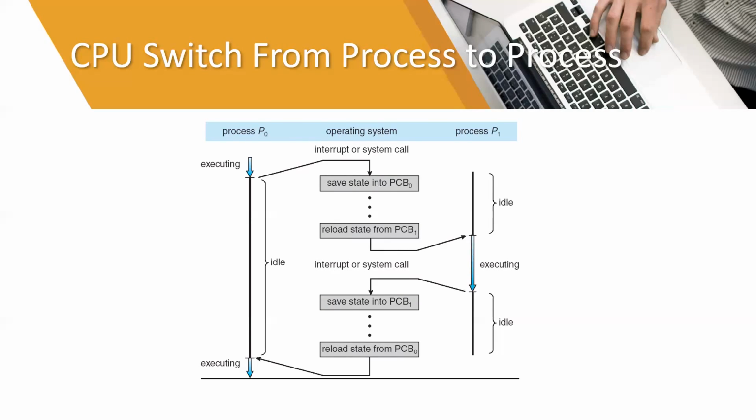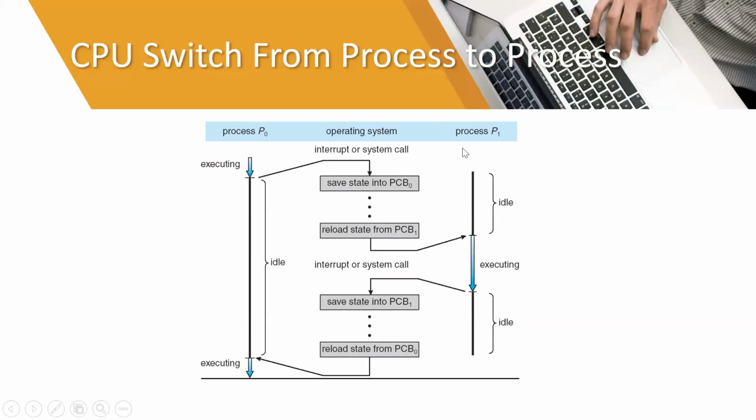The third step is, from the ready state, select the new process. From here, P1 is in the ready state, so we have to select P1 as the new process to be executed. Now update the PCB, the process control block, of process P1.